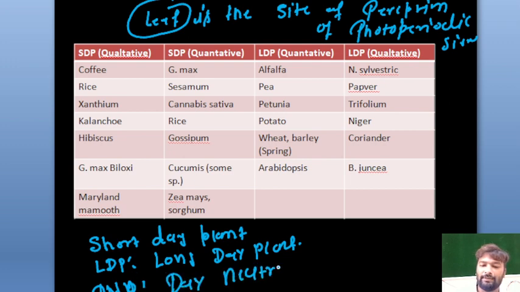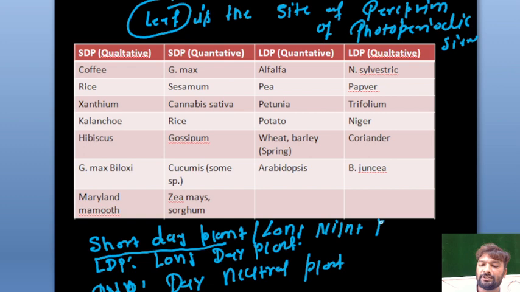This short day plant is also known as long night plant.